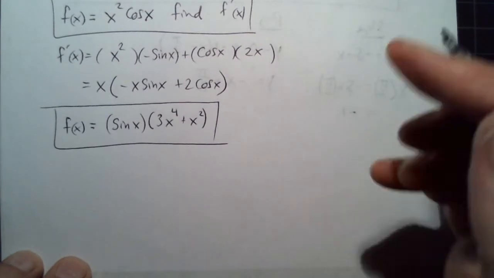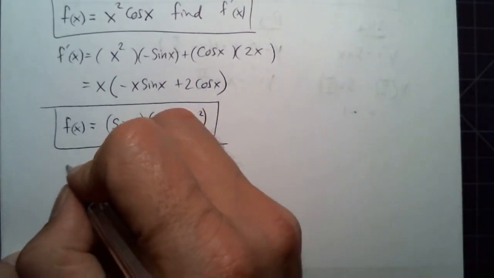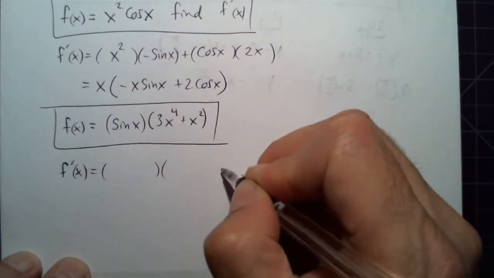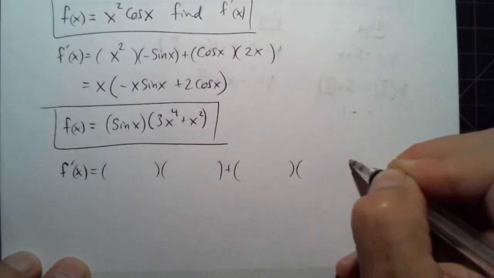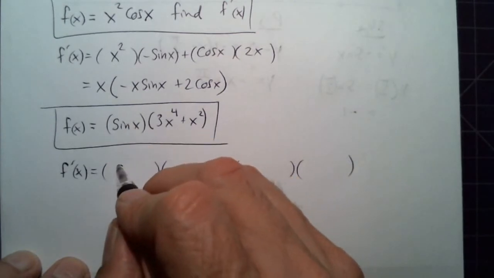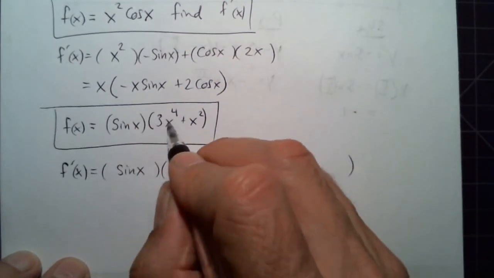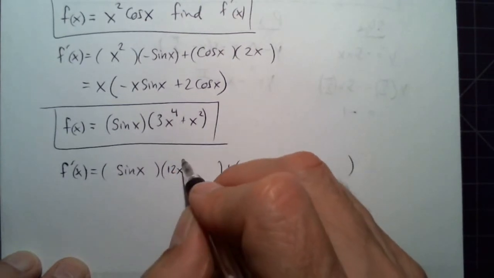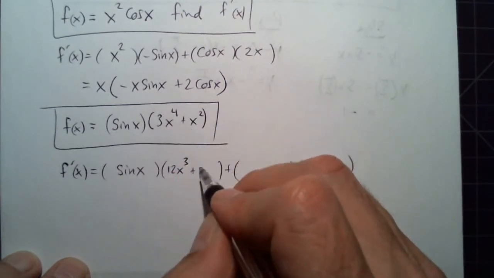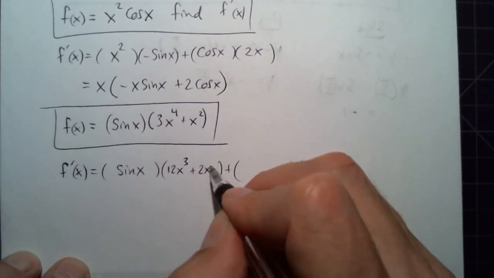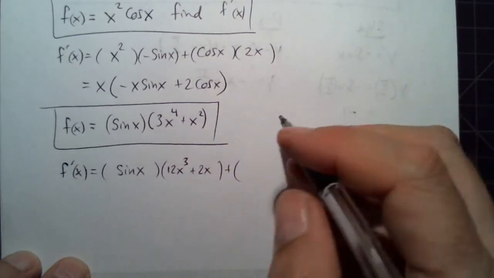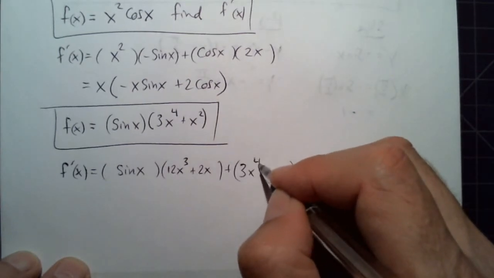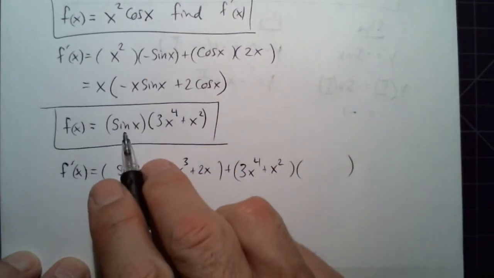Alright, pause the video and try that one. So we have 1 d2, which is 12 x cubed, 2 x to the first power. 1 d2, then we do 2 d1.